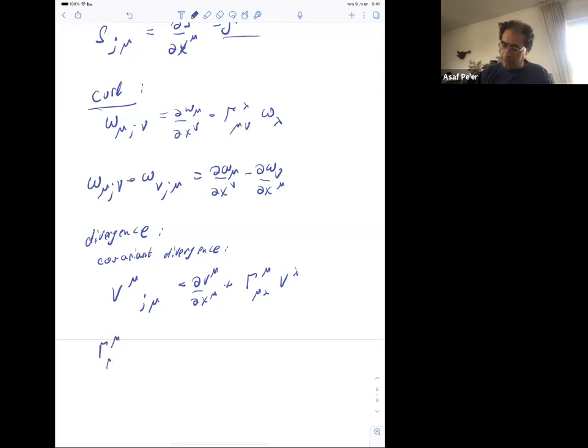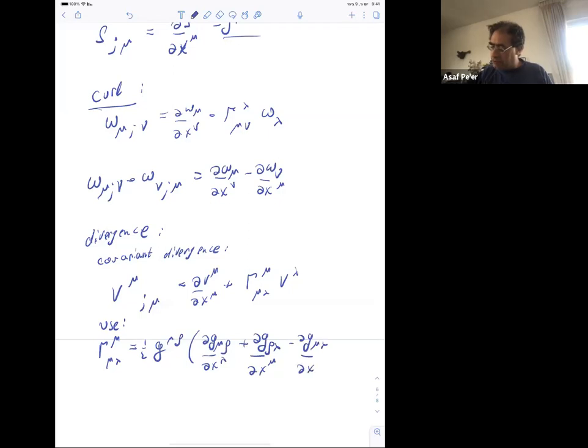So gamma mu mu lambda is just 1/2 g mu rho, and then d g mu rho over dx lambda plus d g rho lambda over dx mu minus d g mu lambda over dx rho, which, using the symmetry of g mu rho, means that this term and this term will cancel out.